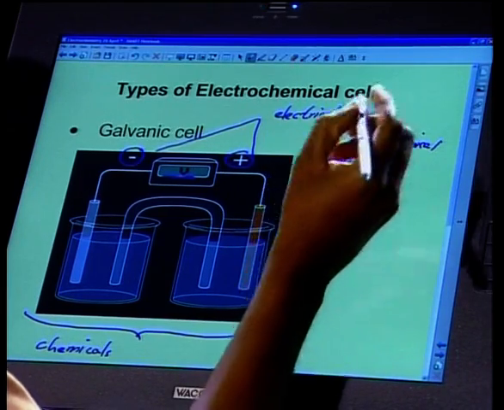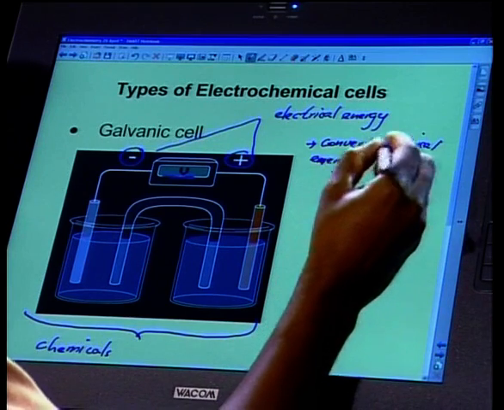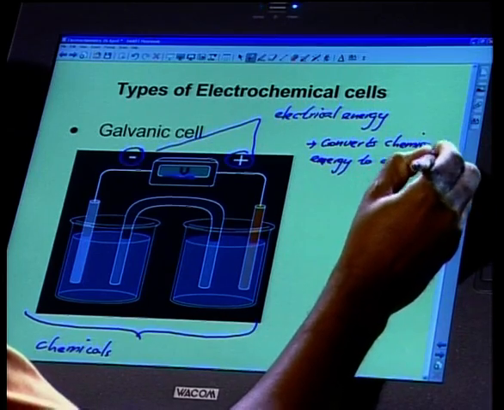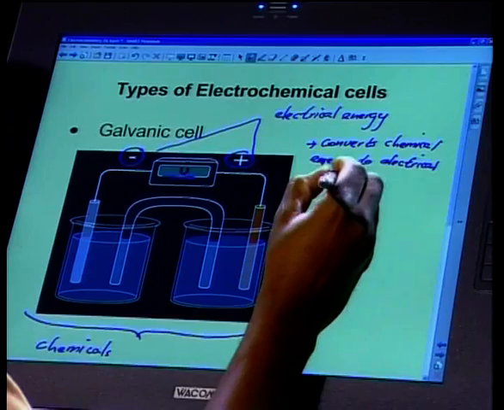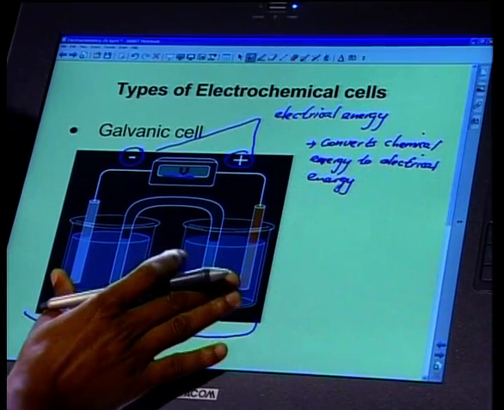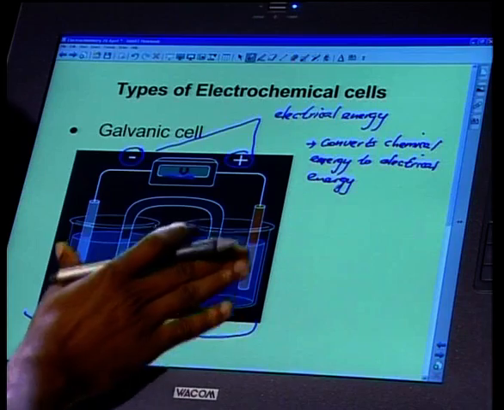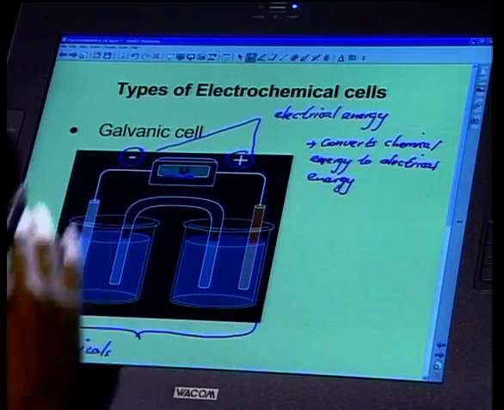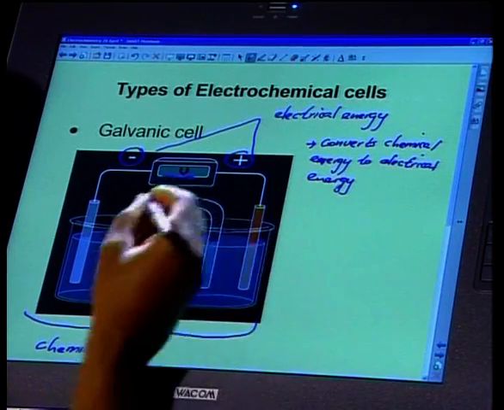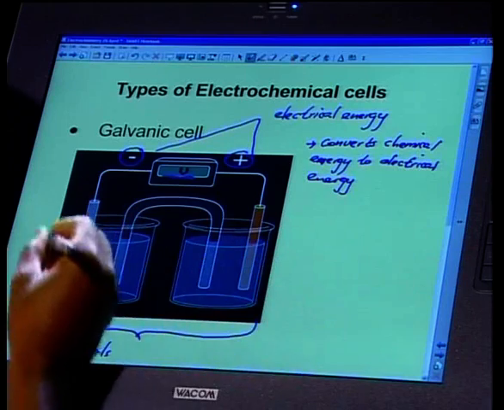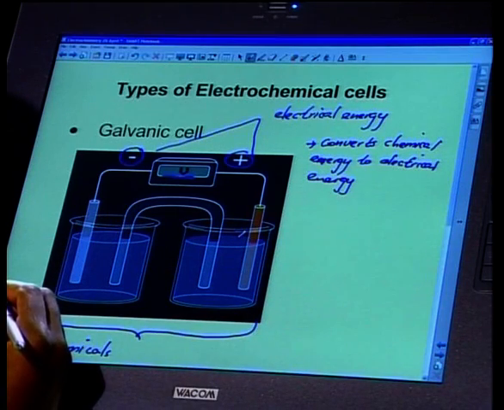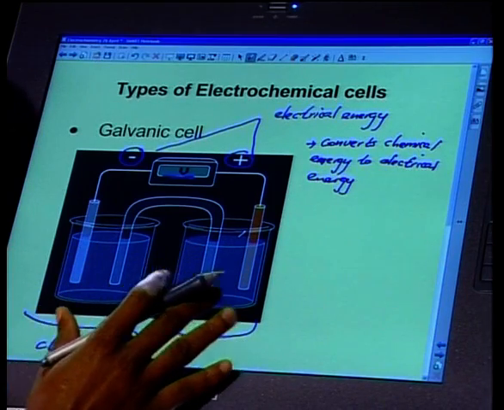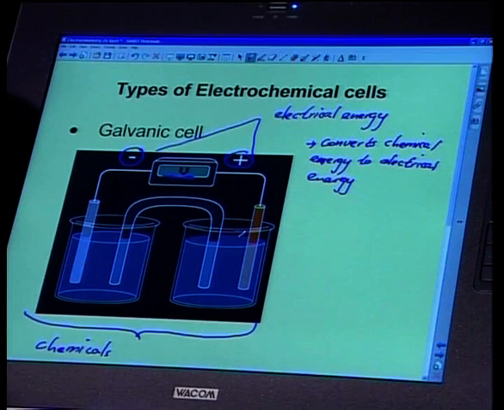Chemical energy to electrical energy, because we've got chemical reactions happening down here, and the output is an electrical energy, as we can see there. Now, let's look at the whole cell and try to label it and try to know what are all these components that are used to make a galvanic cell.